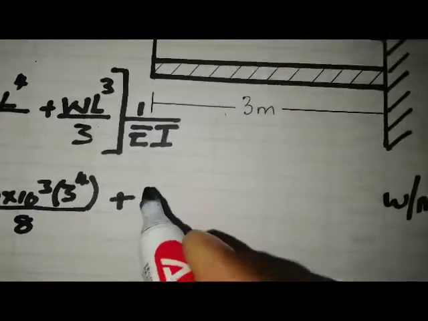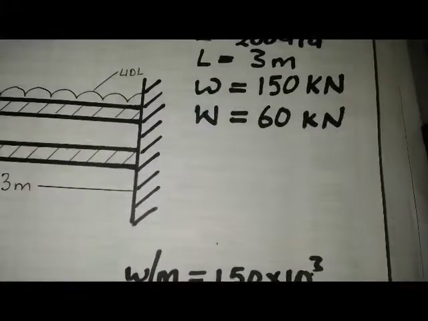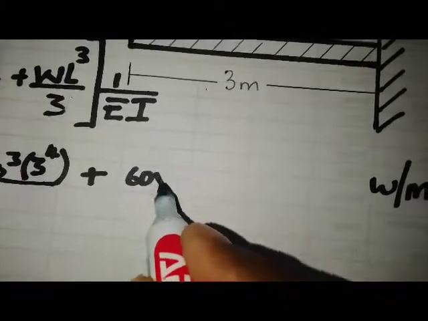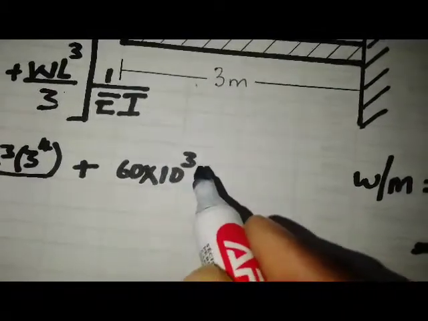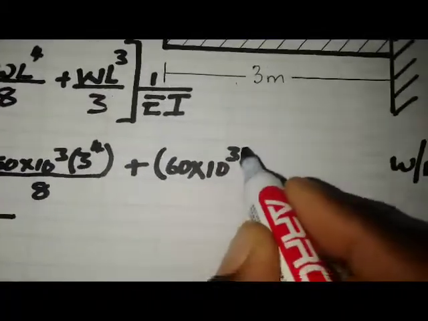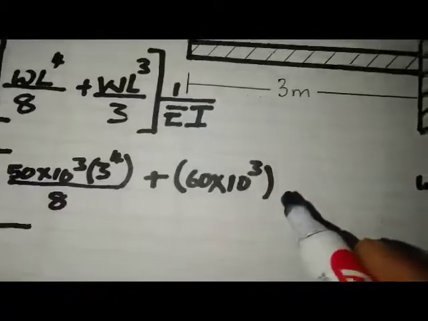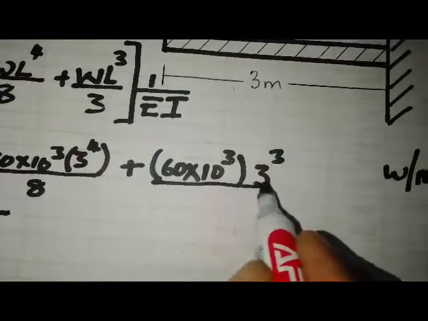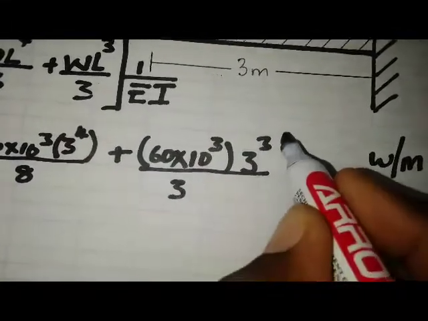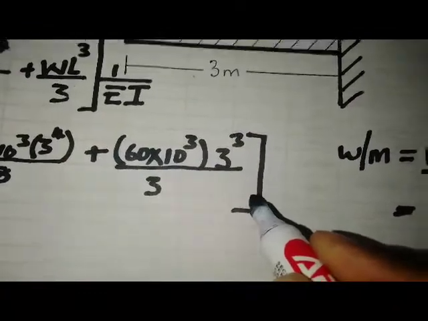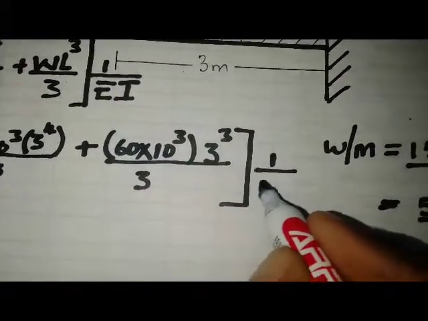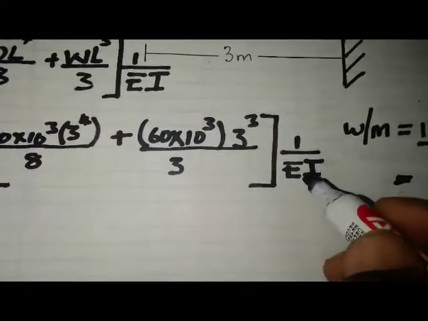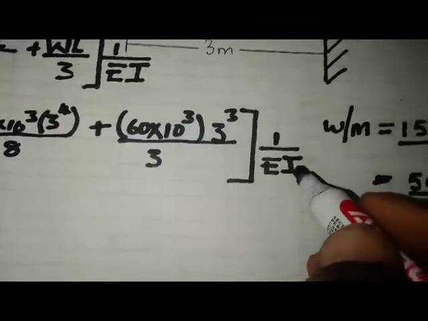And for the point load, W is 60 kilonewtons, and the length is 3 meters, so it's 3 to the power 3, all over 3. And we're going to multiply it by 1 over EI.